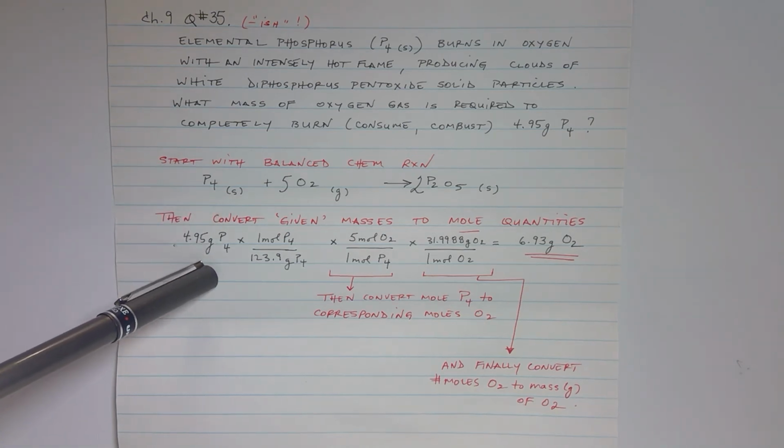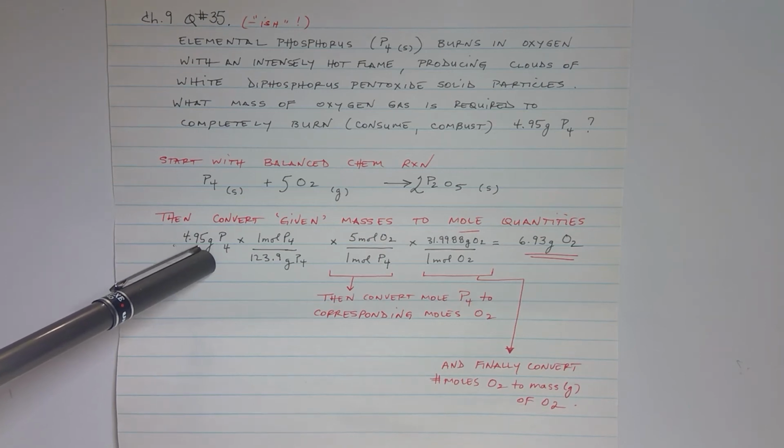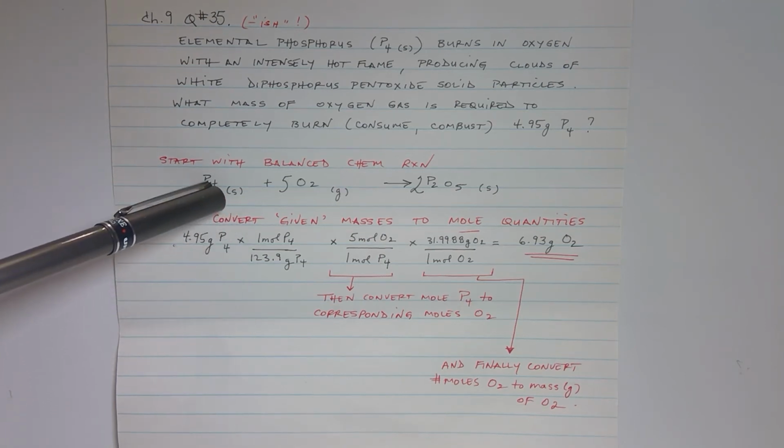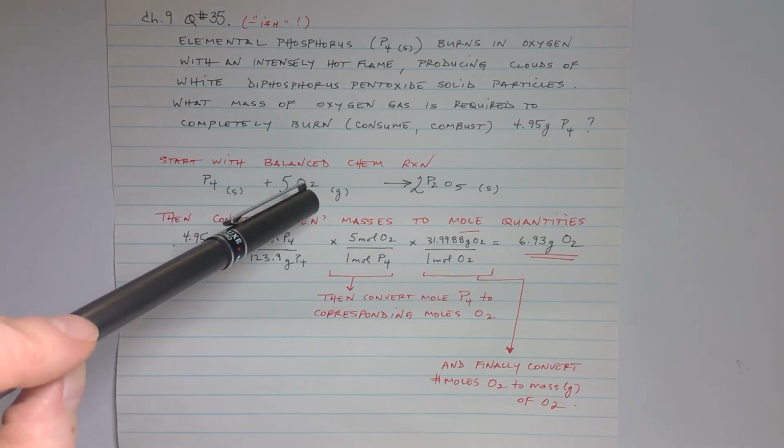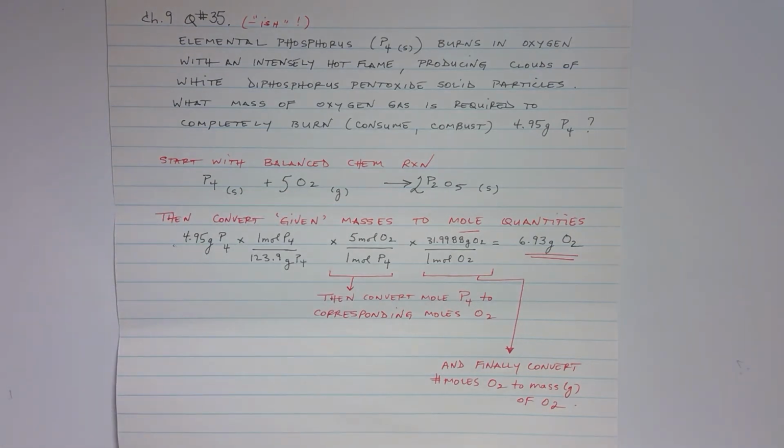If they give you a mass of one reactant and they're asking you what mass of the other reactant do you need to react completely with the mass of the first one, you always have to work in moles. So you need to convert the mass of phosphorus to a number of moles of phosphorus. And then once you're in moles, you know that 1 mole of phosphorus would require 5 moles of O2.